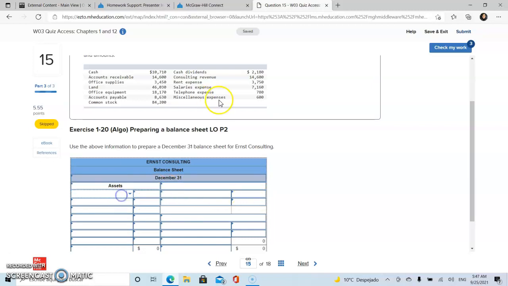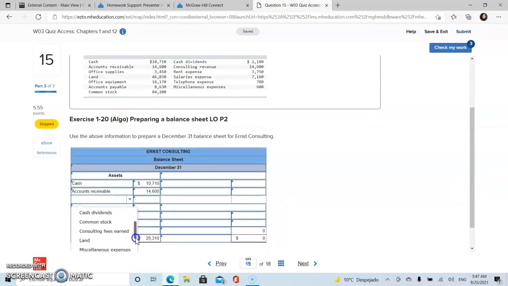And then we're going to choose our assets from these items right here, which is cash, and then we have accounts receivable, and then we have office supplies, and then we have office equipment.